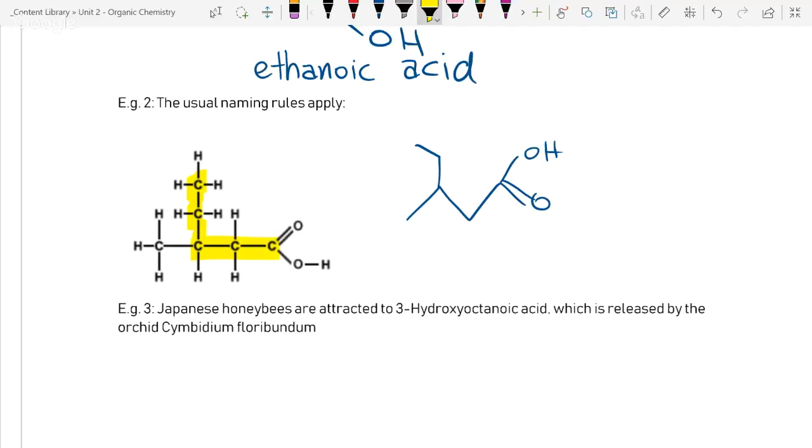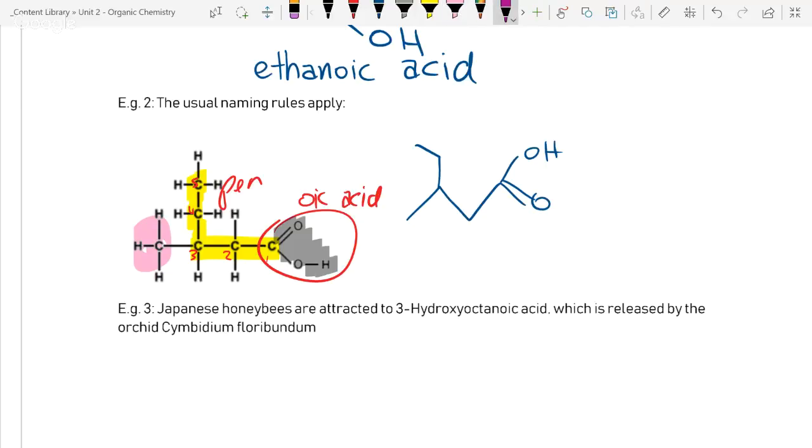And now how long is the chain? Yeah, 1, 2, 3, 4, 5. This is an oic acid. It's carboxylic acid, but in terms of naming, it's going to be oic acid. This is a pent, and oh, that's the same color. And this, of course, is then what?